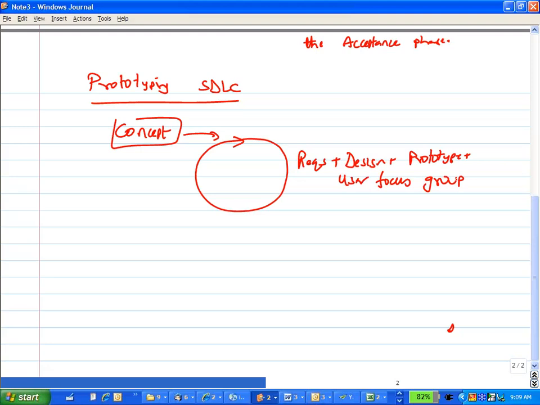So in an iteration, the end users and the customers and the BA and the technical team work in close association for requirements, design, prototype, and then the BA like you conducts a user focus group. And along the way, the application takes shape. The requirements become more and more clear.